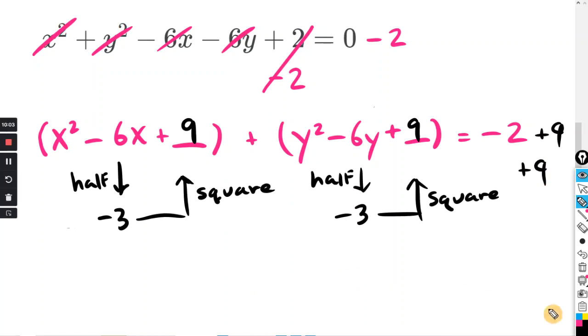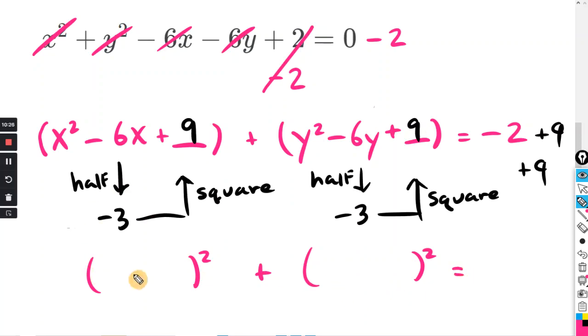All right, and now we're factoring. We have to turn this trinomial into a binomial squared. Same with the y's. We're going to take this trinomial and turn it into a binomial squared. By the way, a trinomial just means it has 3 terms. Binomial has 2 terms.